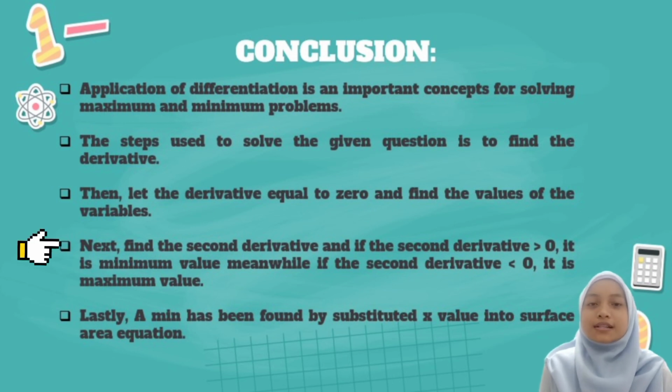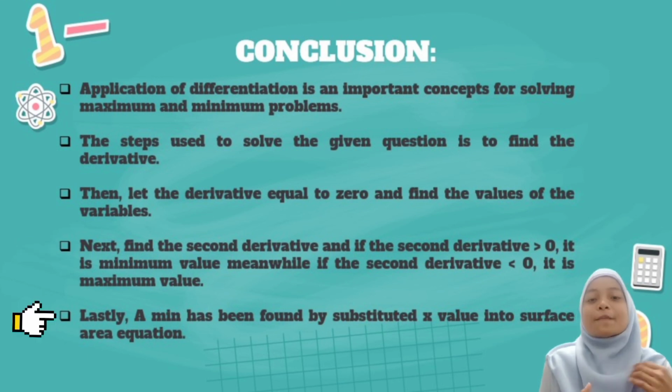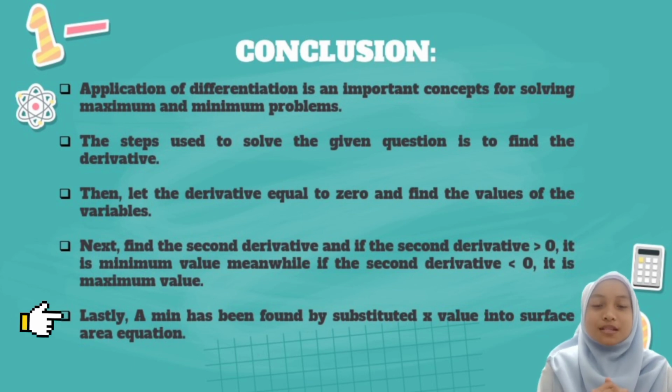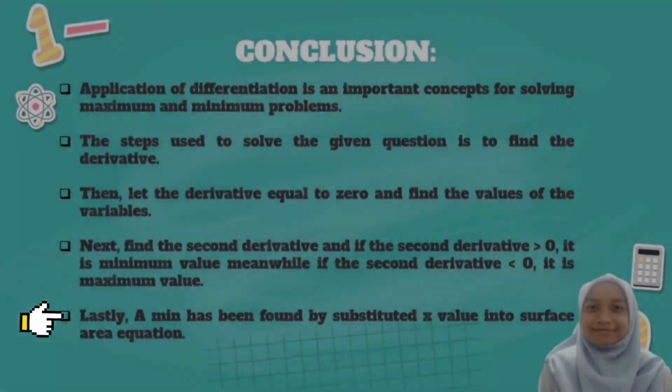Next, find the second derivative, and if the second derivative is greater than 0, it is a minimum value. Meanwhile, if the second derivative is less than 0, it is a maximum value. Lastly, the minimum total surface area is found by substituting the x value into the surface area equation.